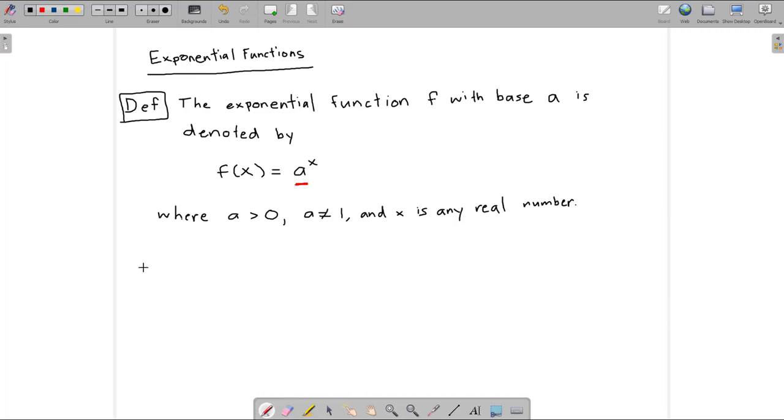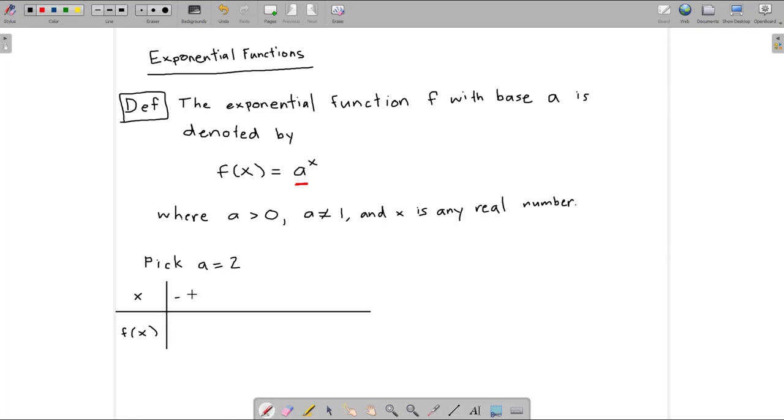So let's take a look at how our function behaves first. Let's pick some value of a and take a look at what the function looks like. Let's pick a equals 2 first. Then let's take some x values and make an x and f of x table here, and we'll see what happens with our values.